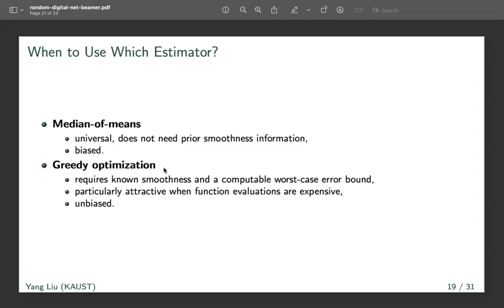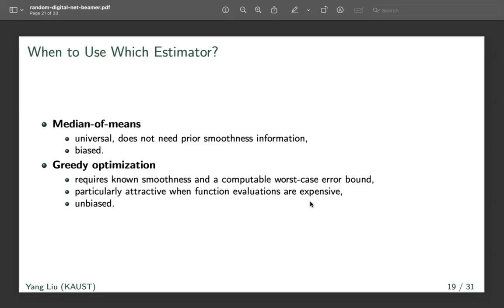From this greedy optimization, we need to know the smoothness of the integrand because we need to know the computable worst case error bound. But this method can be very efficient when the function evaluation is expensive.